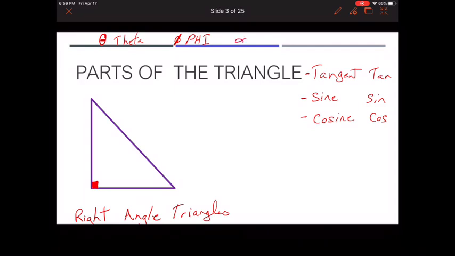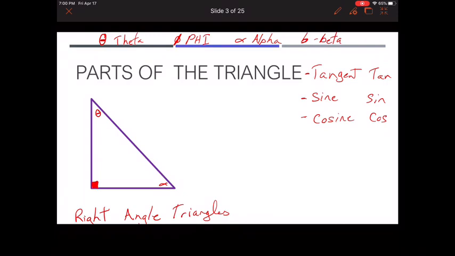You also see alpha, and sometimes you see beta, which just looks like a B, but usually kind of an elongated music note type. Those are the common names. Sometimes we just use X and Y, but we mostly use Greek letters when we're talking about angles. I'm going to call up here theta, and I'm going to call down here alpha.